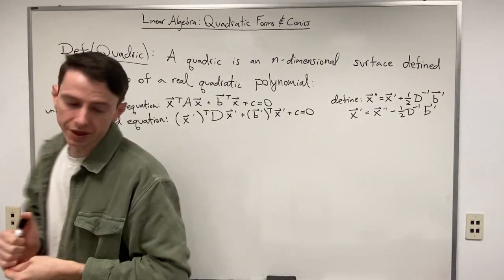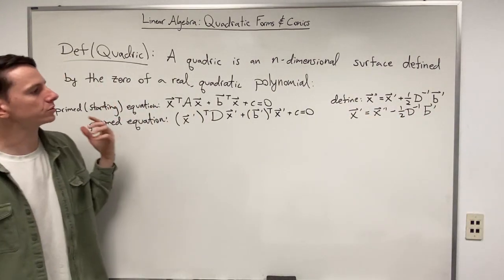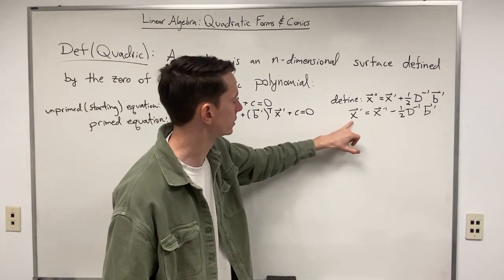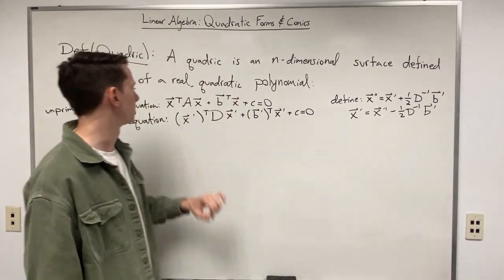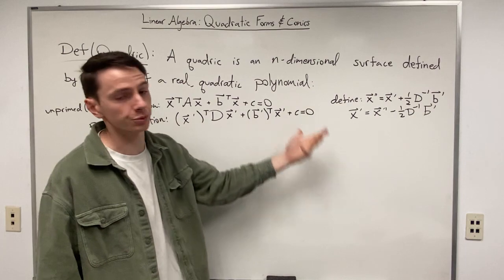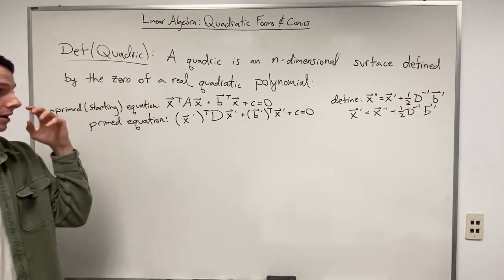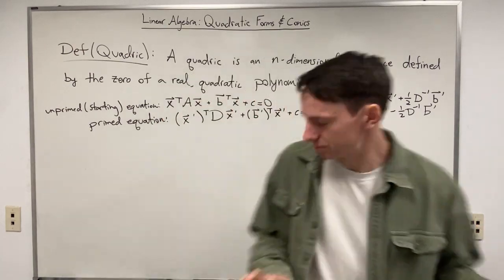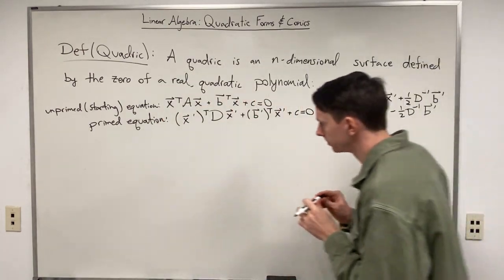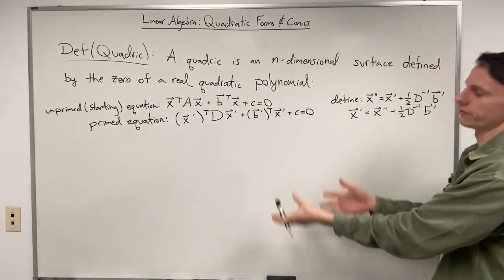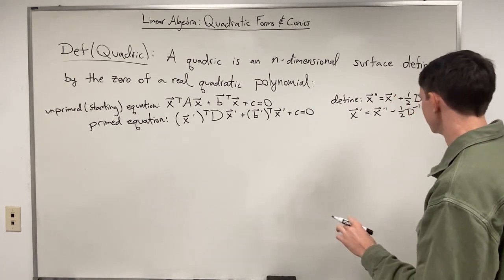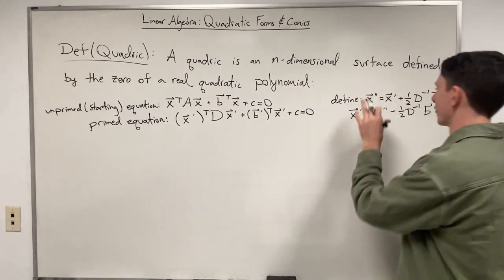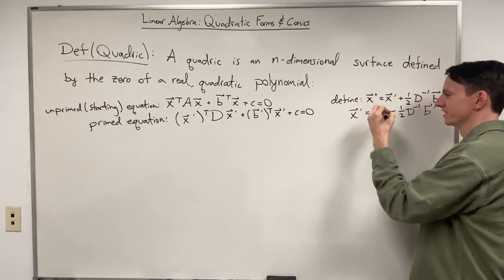And the reason for doing that is because we can now take this definition for x prime, plug it in everywhere there's an x prime in the equation, and then simplify. And just a heads up, this is probably going to take a little while, but eventually we'll get to the punchline. So this should all work out in the end, in theory.